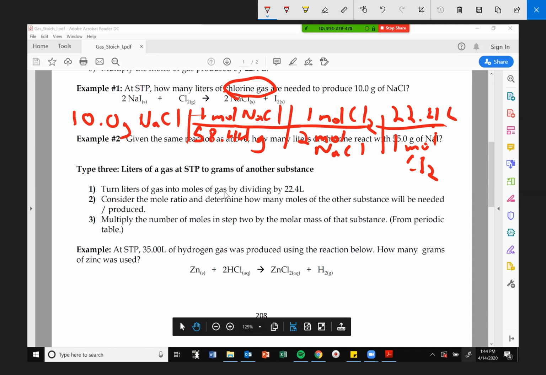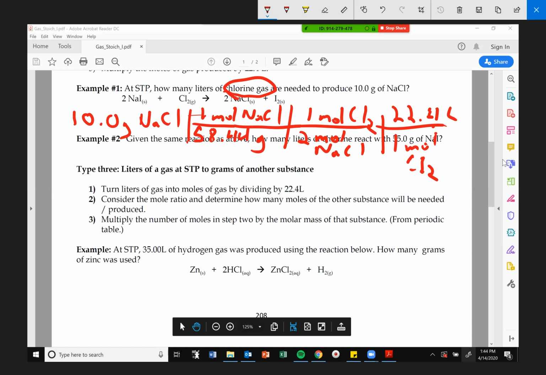And so if I were to calculate this out by multiplying the tops and by dividing the bottoms, I would get a certain number of liters of chlorine gas. And that volume of chlorine gas is what is required to produce 10 grams of NaCl. Don't hesitate to ask a question and stop me if you have one.